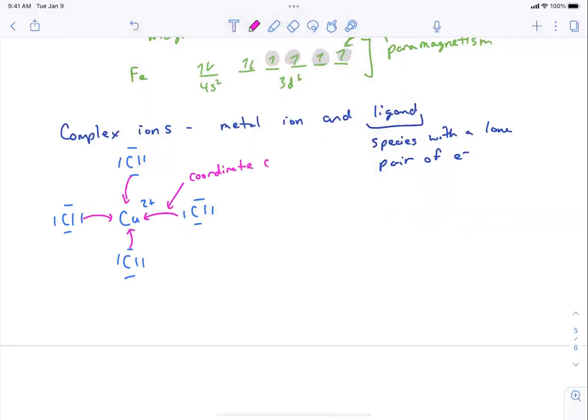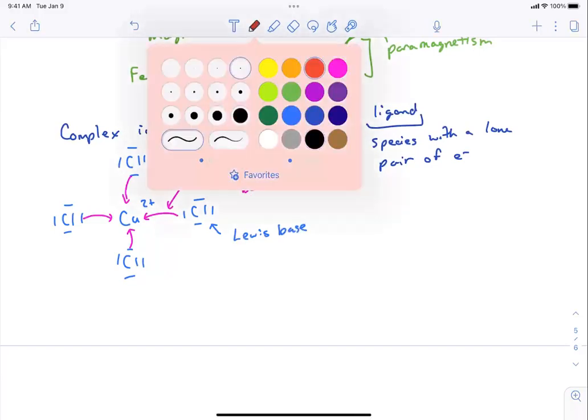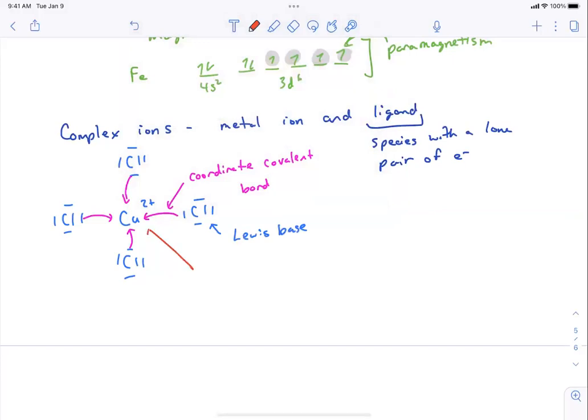Okay. So chlorides are donating their electrons, Cu's accepting, which means that chloride is a Lewis base, and the metal is a Lewis acid.